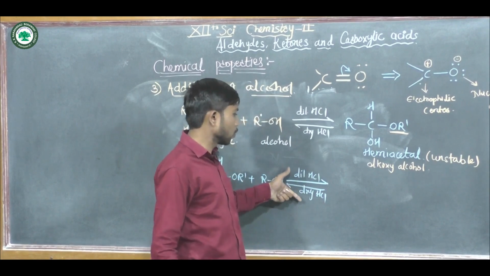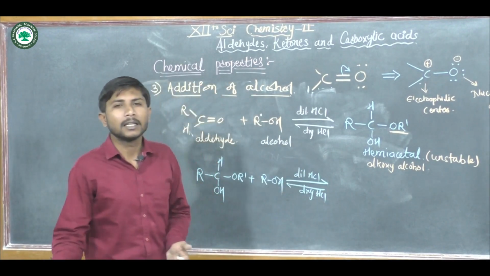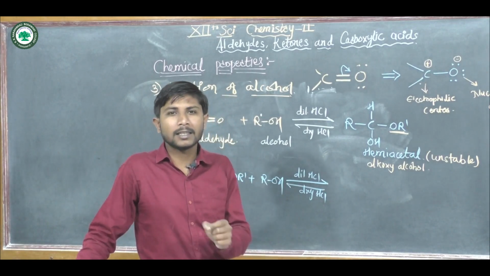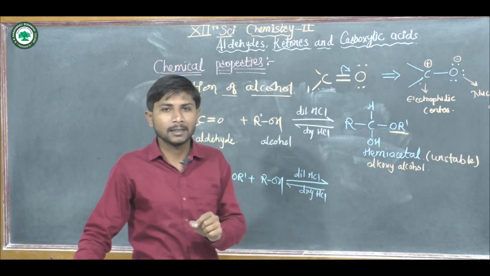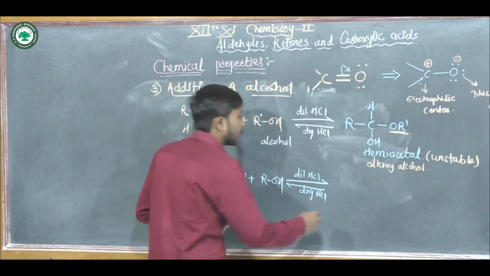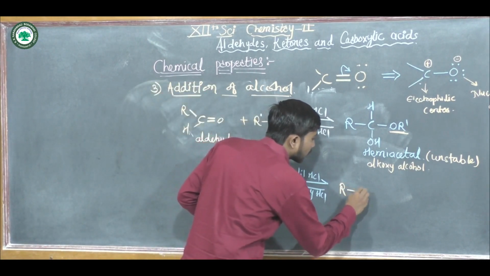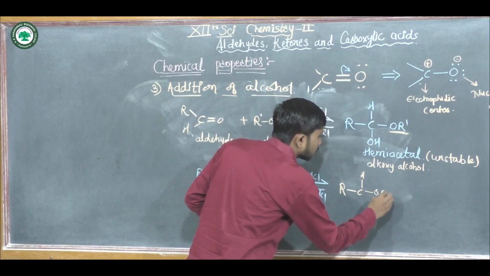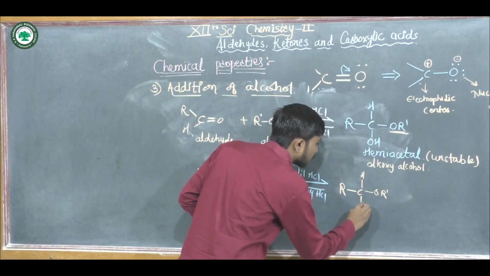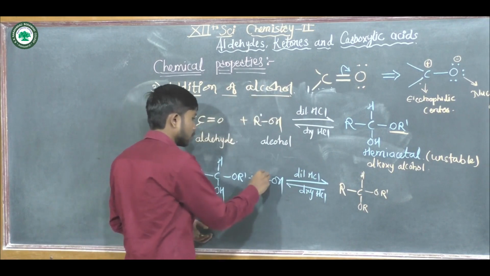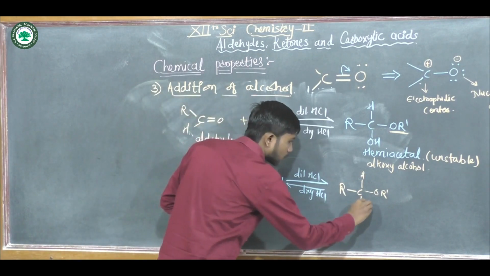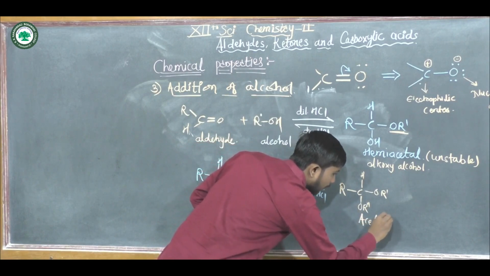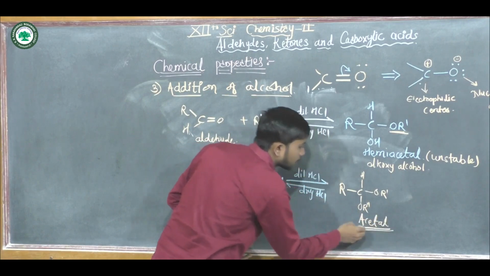We have to note that the dilute HCl can act as a solvent medium, while dry HCl acts as an acid catalyst. There is a formation of acetal group. This is the acetal, and it is a more stable compound.